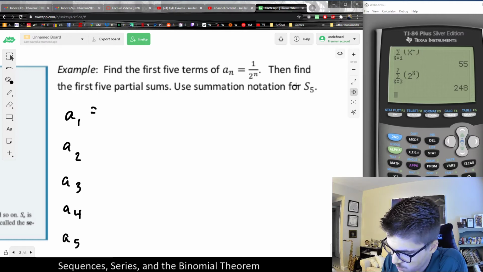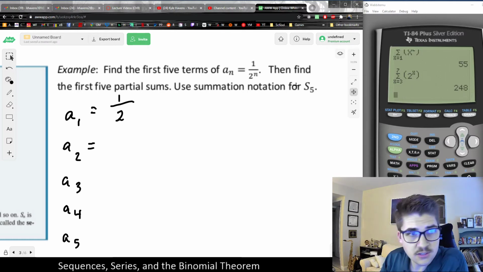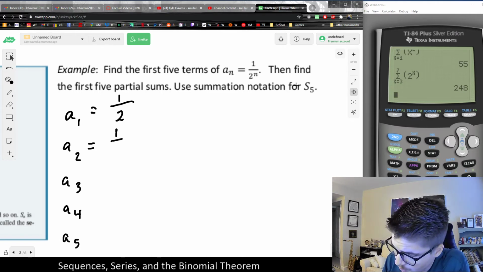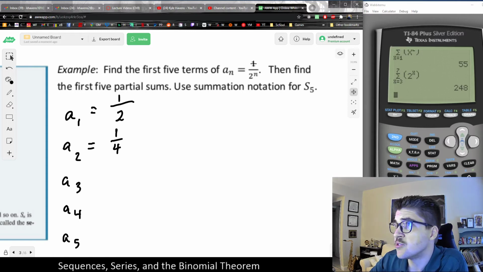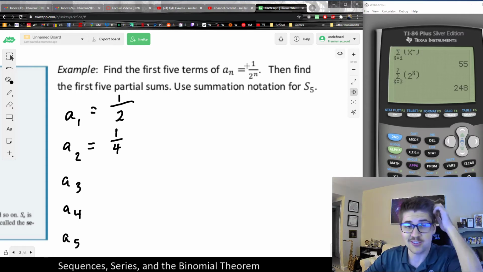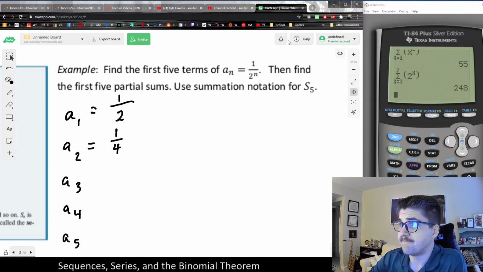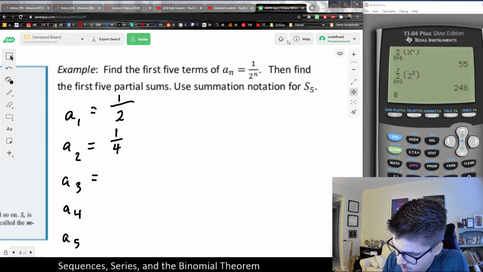A1 would be 1 over 2 to the n power, which is 1/2. A2 would be 1 over 2 squared, which would be 1/4, and so on. I'm just plugging in 1, 2, 3, 4, and 5 for n. Then the next one would be 1 over 2 to the third, which is 1/8.